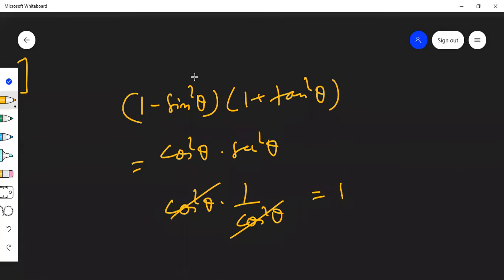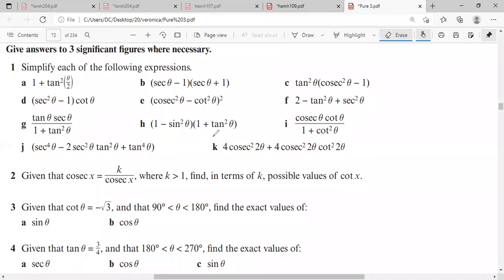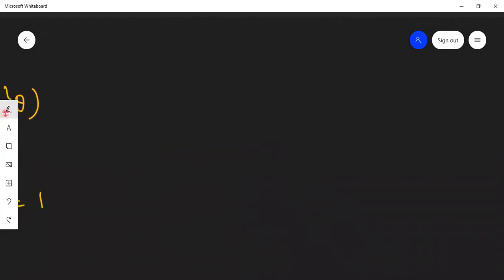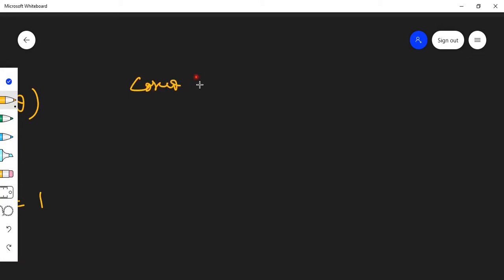The next one is here: cosec theta cot theta divided by 1 plus cot square theta.